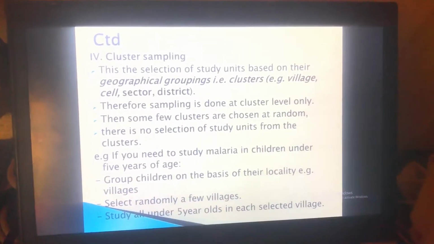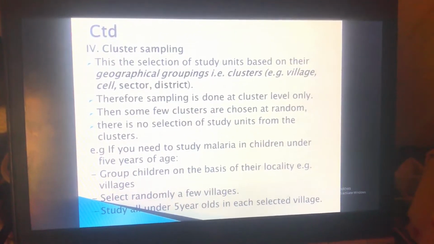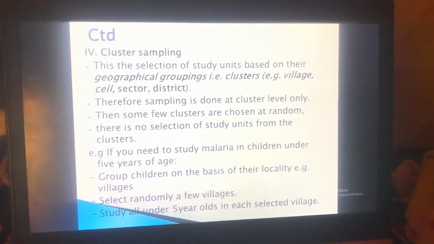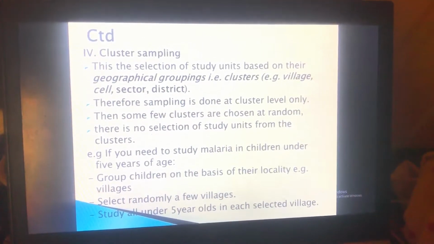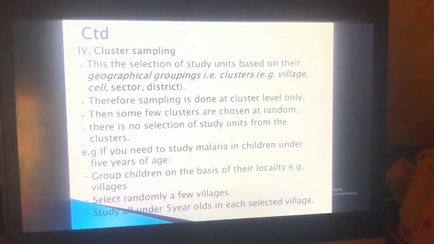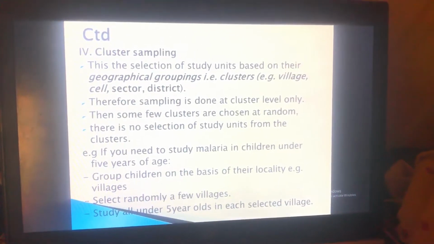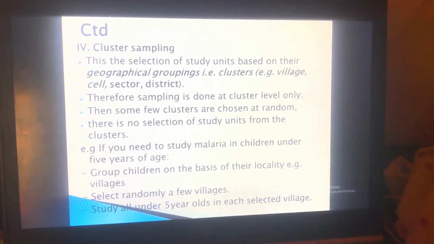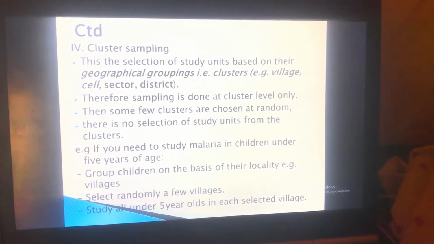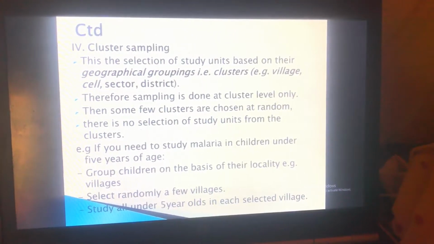An example: if you need to study malaria in children under 5 years of age, you group children on the basis of their locality, for example villages. Select randomly a few villages. Study all under-5-year-olds in each selected village.